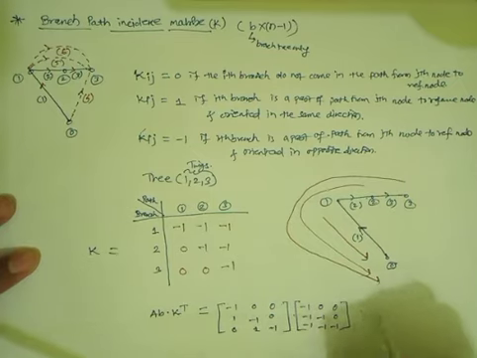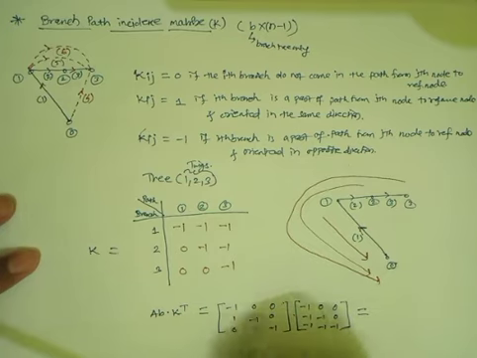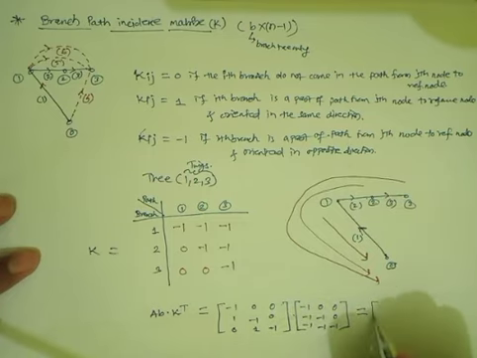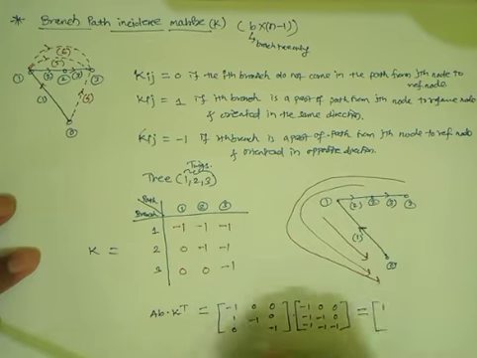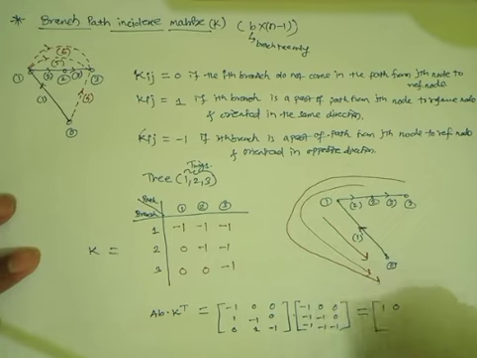Now if you multiply both matrices, this row with this column gives -1 plus 1, so the first element is 1, first row second column is 0, first row third column is also 0, second row first column is 0, second row second column is 1, and likewise. This is simple matrix multiplication.